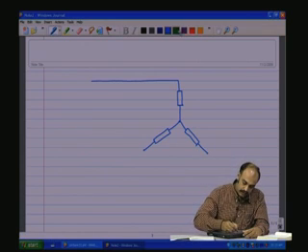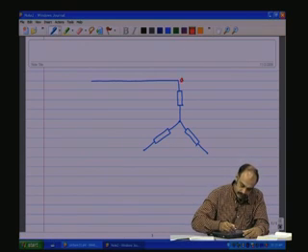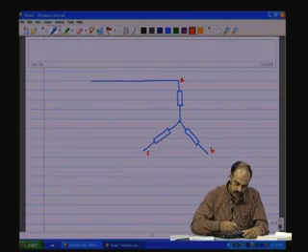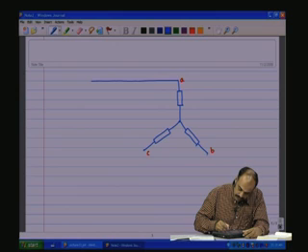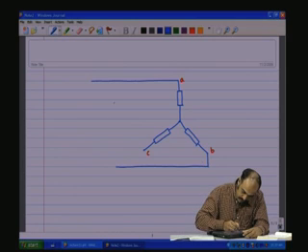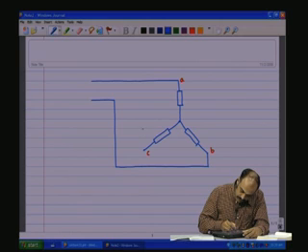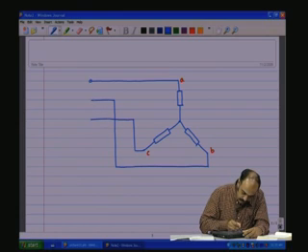So, let us call this A, B, C as usual, and we take the B phase and give it here, and we take the C phase and give it to the 3 terminals.